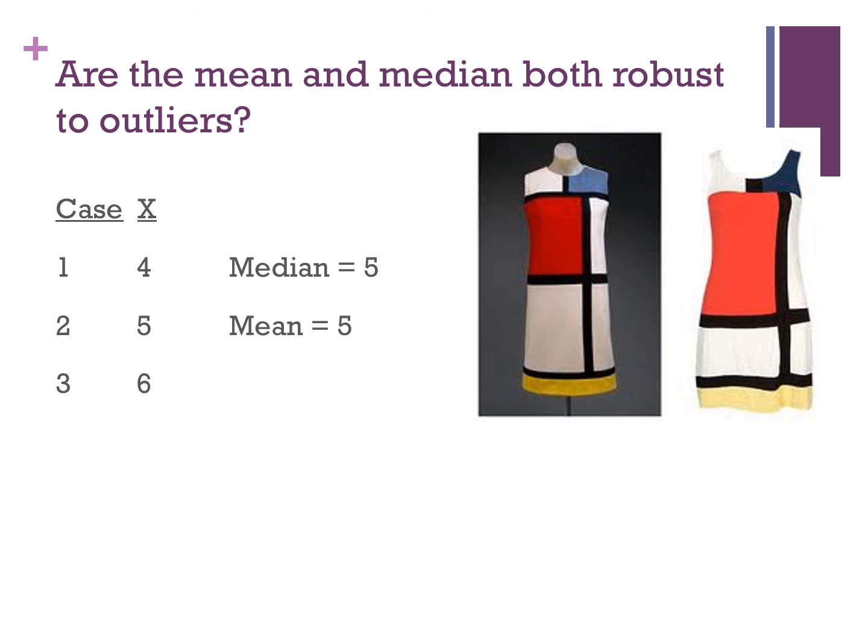And for this data set, it might appear that the mean and median are both robust. So case 1 has a value of 4, case 2 has a value of 5, and case 3 has a value of 6. So the mean and the median are both the same. They're both equal to 5.